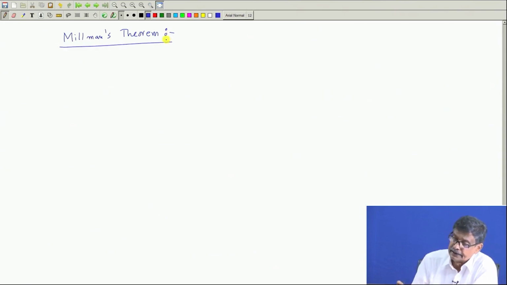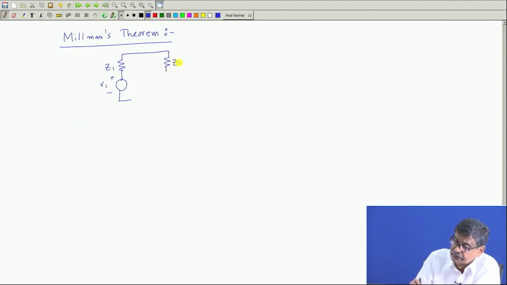What it states is that, suppose you have a network having Z1, with some voltage source V1. They may be phasors, impedances, DC, AC, whatever it is. There is another source, Z2 and V2. There are several sources like this, Z3, V3.